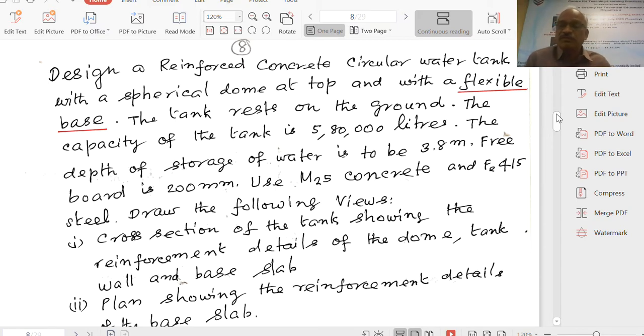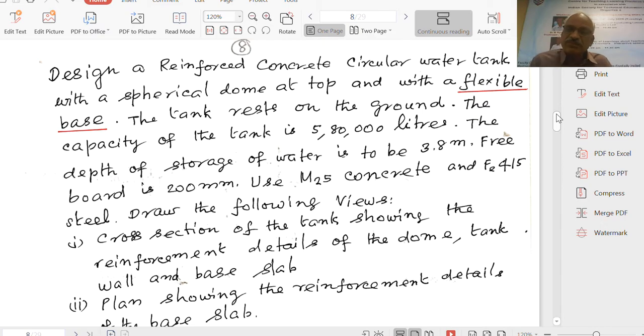Right. So we will start with a simple design of a water tank. Design a reinforced concrete circular water tank with a spherical dome at the top. So we are going to design a circular tank. The roof consists of a spherical dome with a flexible base.